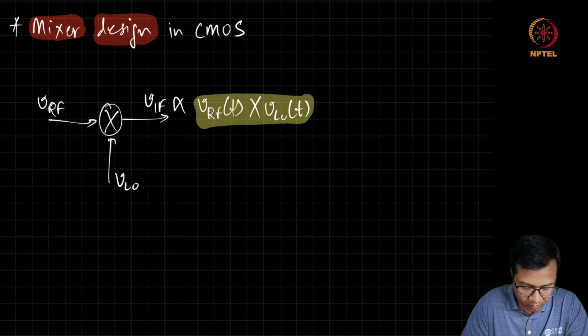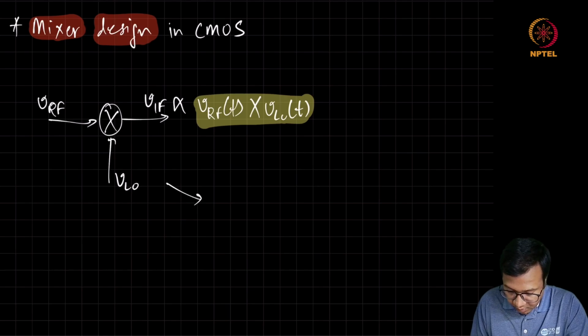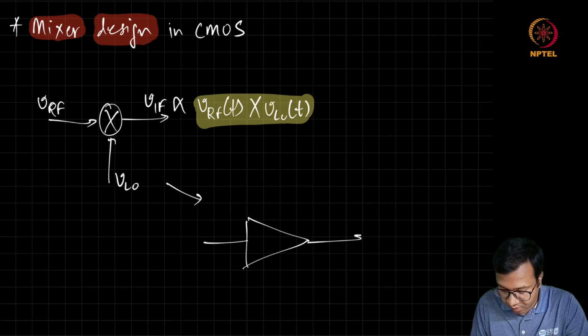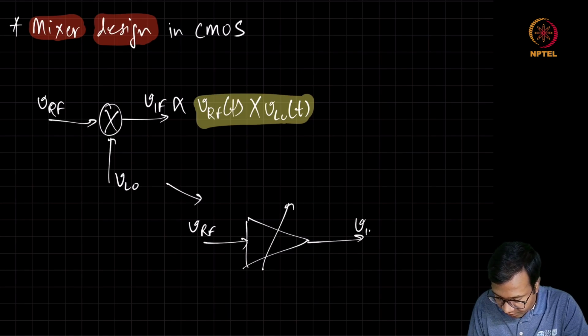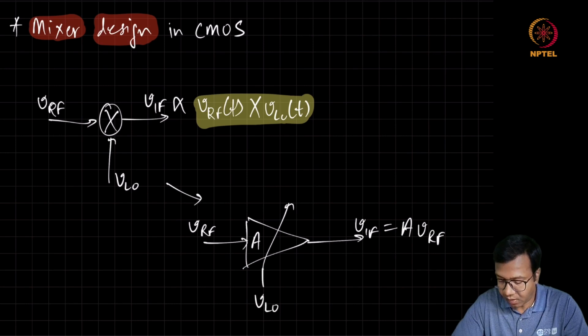So this is similar to trying to design a gain block, where we know that the VIF is going to be A times VRF, but we can make this gain a function of LO.